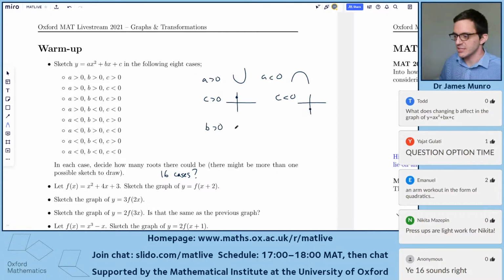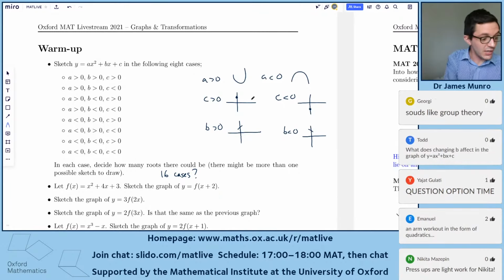B positive, Todd's asked about, means that when it goes through that point it's going up. B negative means when it's going through a point it goes down. That might be above or below depending on whether C is positive or negative. There's all these different cases. But yeah, A tells you about the curvature, B tells you about the gradient at 0, and C tells you about the value at 0.